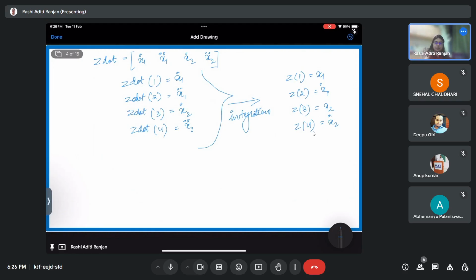I hope this is correct and clear to you all. This is how you are going to embed it in the system. You write it like that.